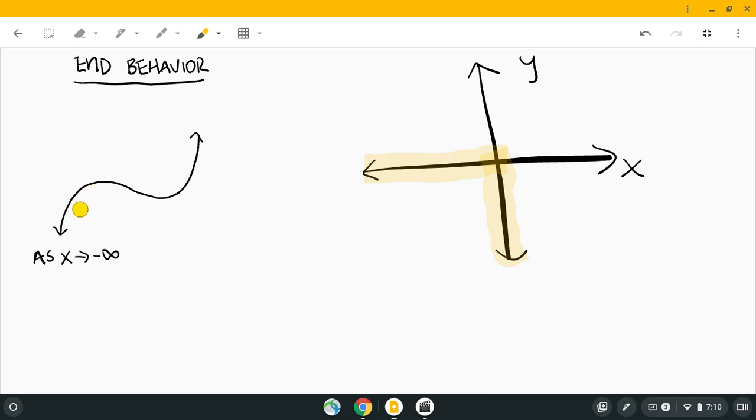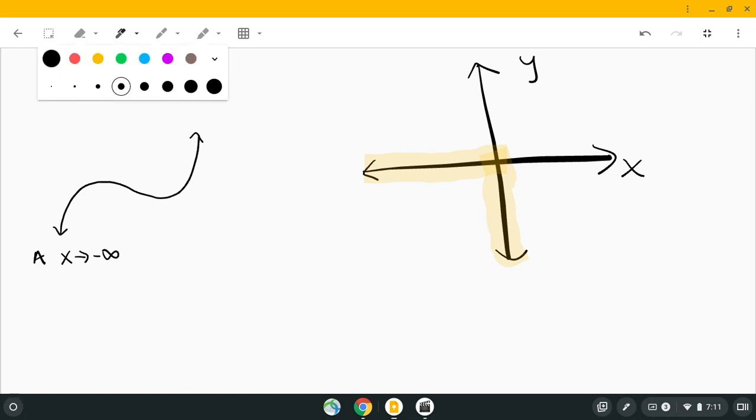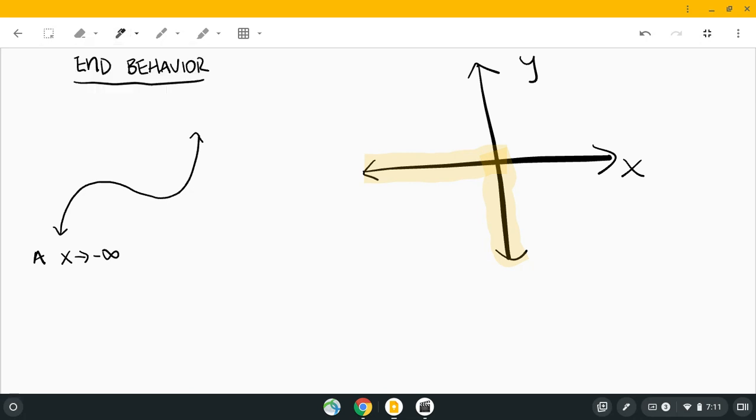And that's what's happening with our graph. As we go left, as x goes towards the negatives, my y values go towards the negatives. Okay, so that's what I want to write down. I would say as x goes towards negative infinity, my y values go towards negative infinity.